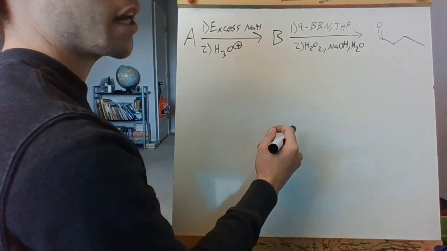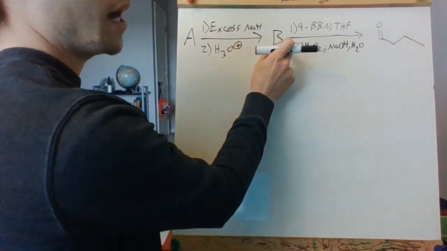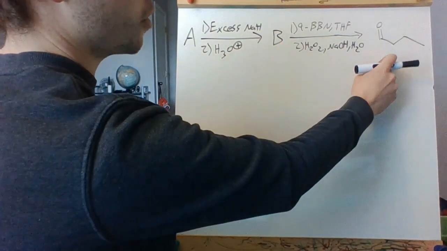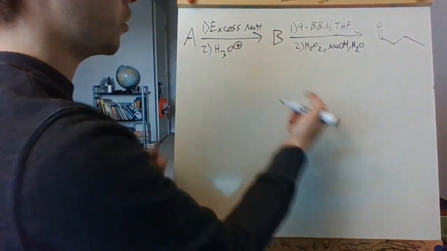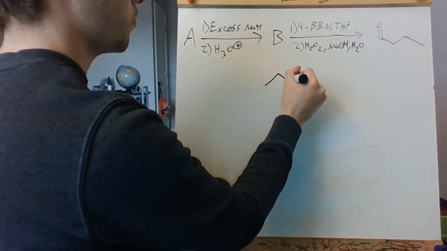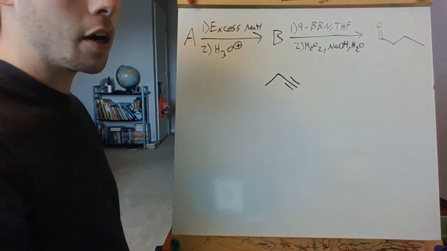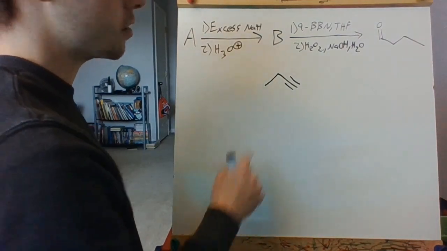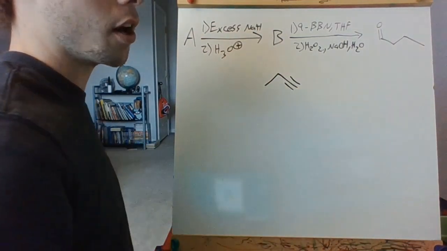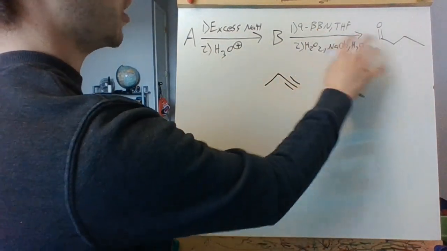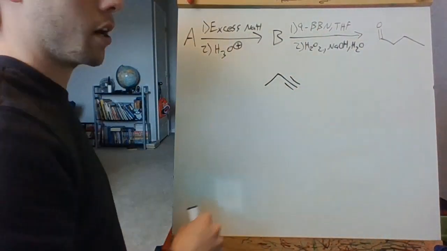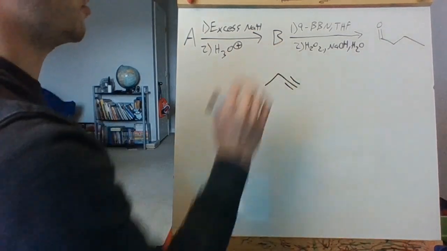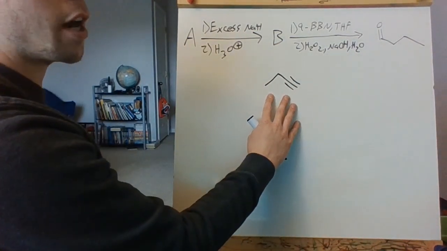So if we think about that, we want to draw a terminal alkyne here. Count your carbons, 1, 2, 3, 4. We're only going to have 4 carbons here. And so if we draw a terminal alkyne, it's going to look like this. Again, 1, 2, 3, 4. Terminal alkyne treated with this would get us to the aldehyde. All right, so now we know that molecule B is this terminal alkyne.